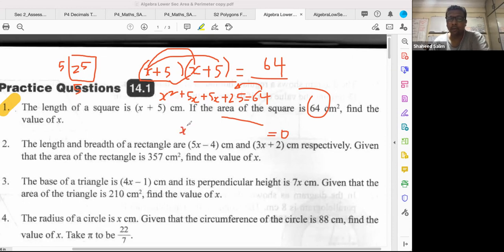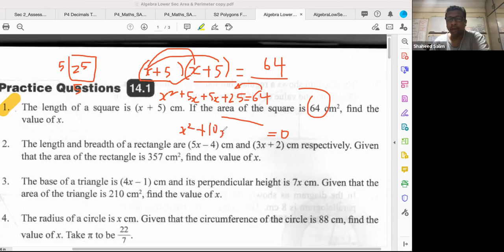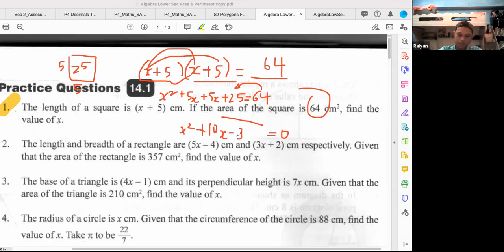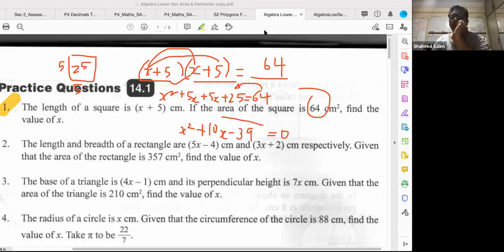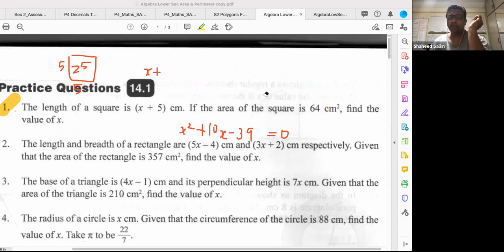So now what is x squared? 5x plus 5x give you how many x? 10x. 25 minus 64, because you bring over, you can minus. So what's the answer? 25 minus 64. Can you use calculator? Negative 39. So now you want to solve this? You have to do the crisscross method, the completing the square method.